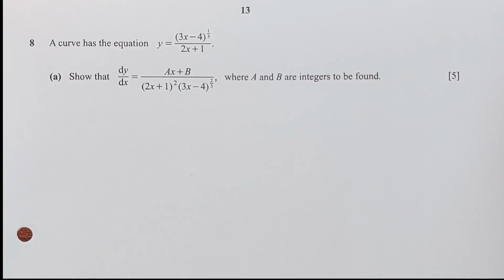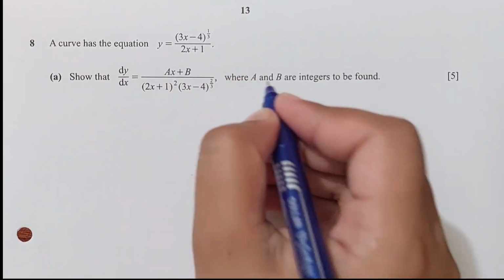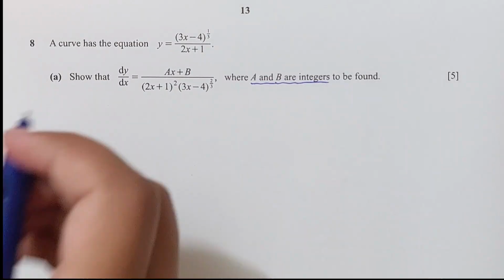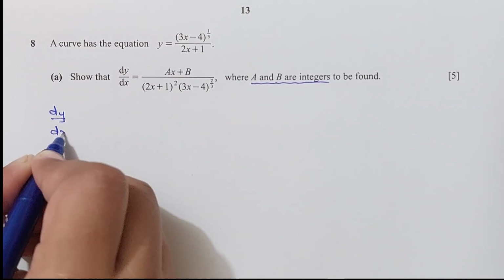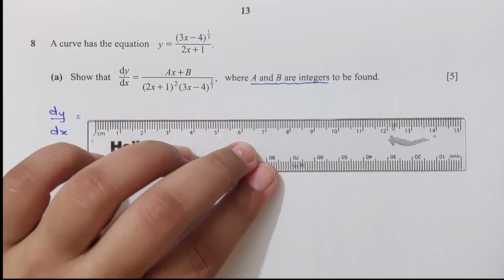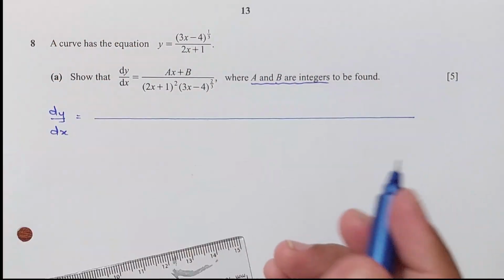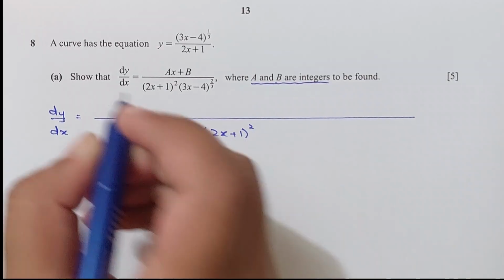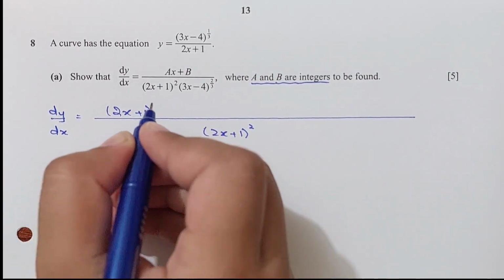Question number 8. A curve has equation y equals to this. Part A, show that dy by dx is this, where a and b are integers to be found. Okay. Let me differentiate the function y, dy by dx, by applying the quotient rule, right? So we can say denominator function square, which is 2x plus 1 whole square, 2x plus 1, derivative of the numerator function.